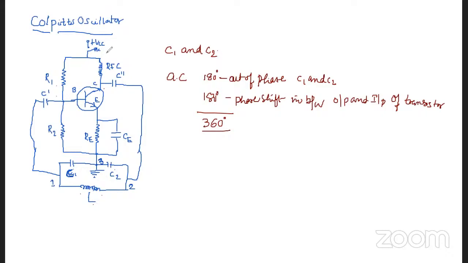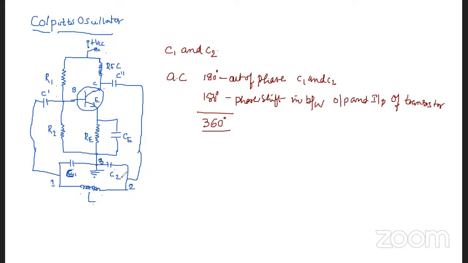So initially, we have to connect this key to this VCC so that the DC voltage is supplied here, and this C double dash is going to give the AC component, which is going to supply energy to this tank circuit.